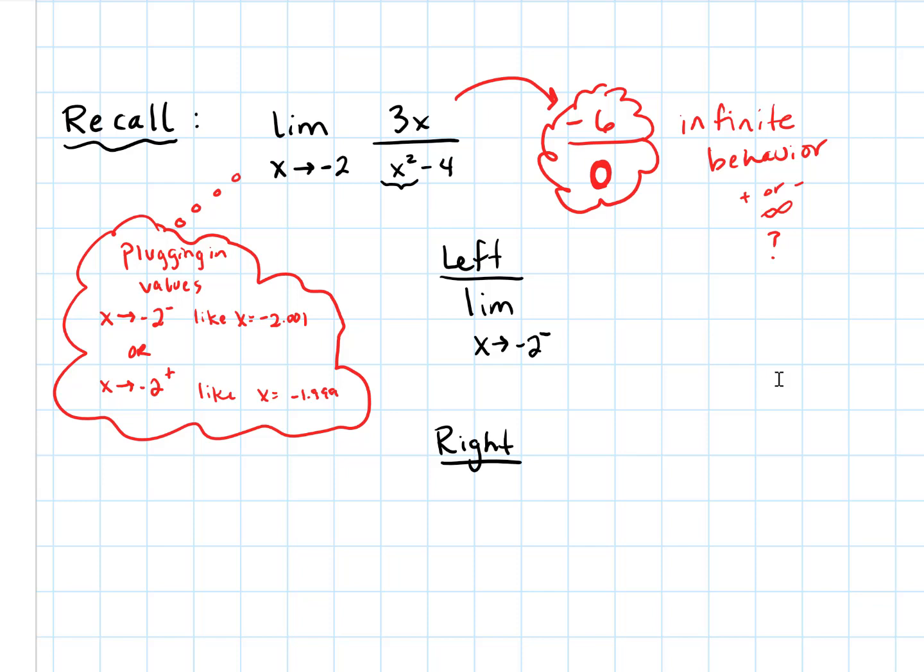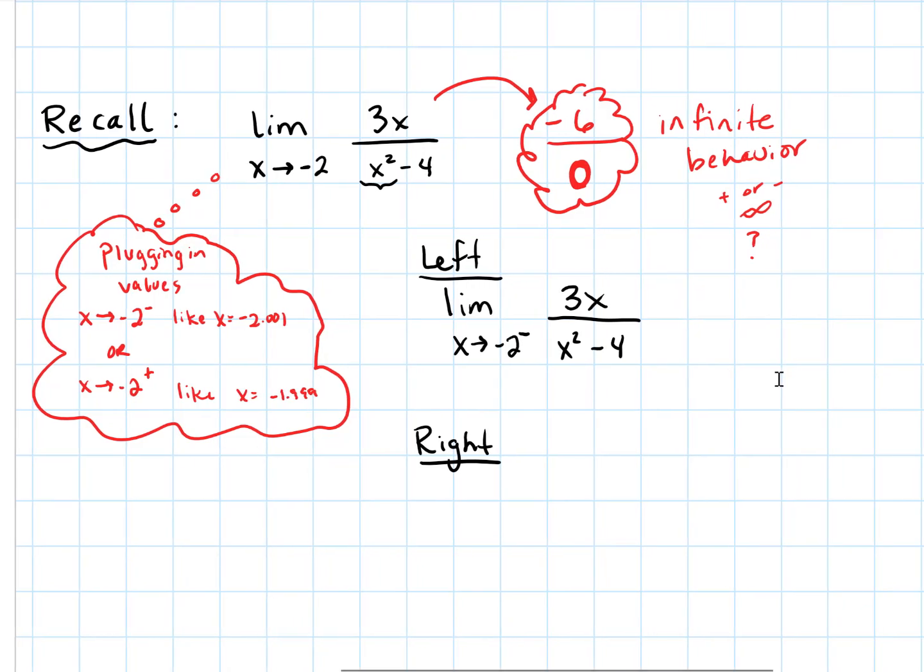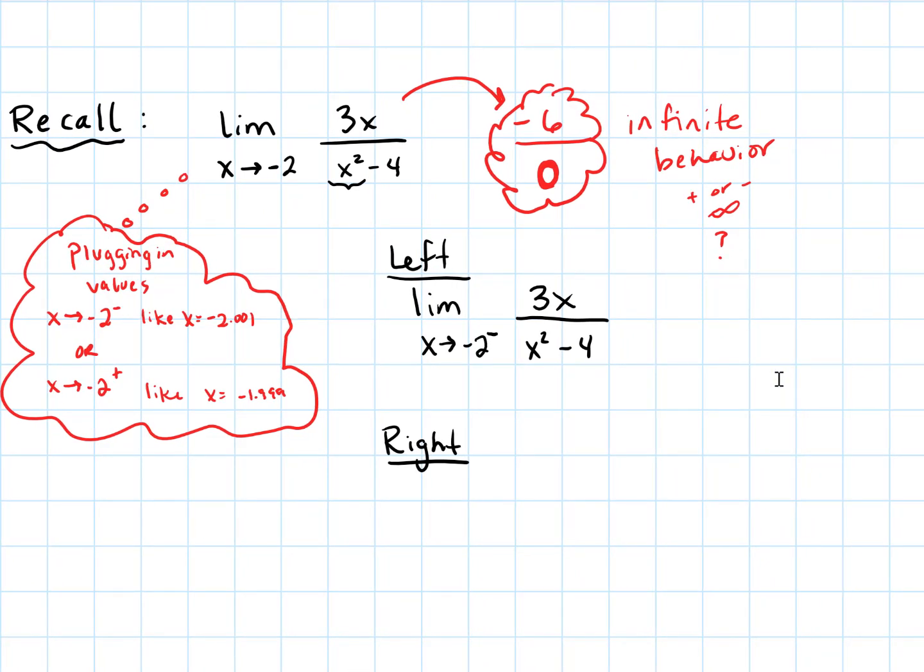So as we approach from the left, we're going to take our 3x over x squared minus 4. And as we come from the left, when I take a number slightly more negative than -2 and I square it, in the top we're still going to have our -6, but the number in the bottom is going to be approaching 0 from the right.